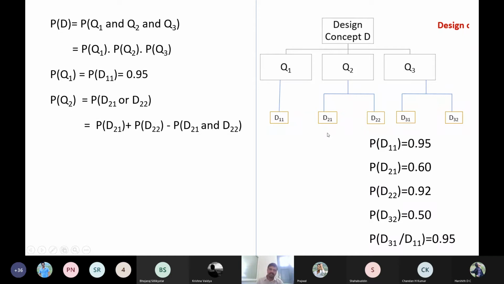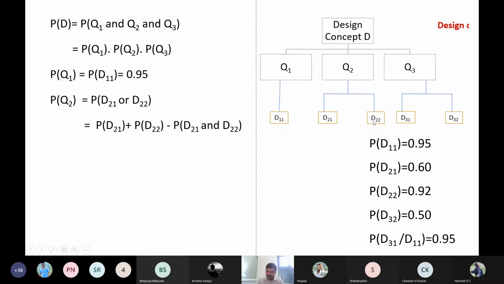If these two are independent, then you write it like this. Since it is the addition rule, we are not worried about dependency. Since it is P of D21 or D22, we write the equation like this. You know the values: P of D21 is 0.6 and P of D22 is 0.92. Here you have to worry about whether they are dependent or independent, since the product term is an AND.